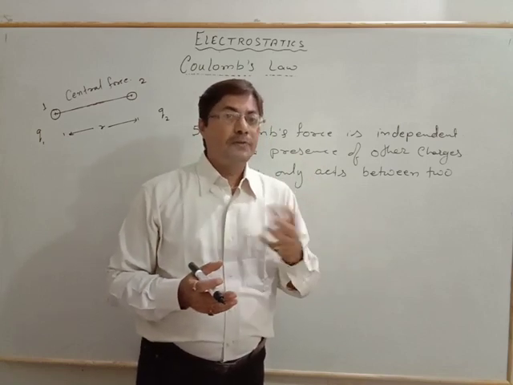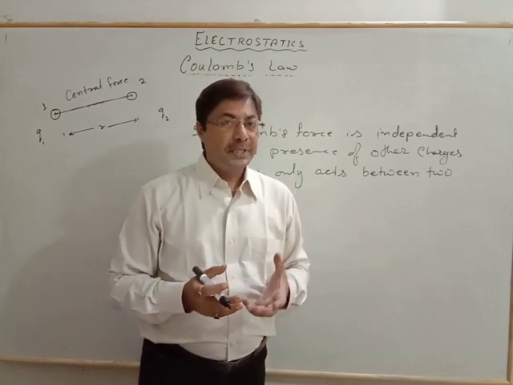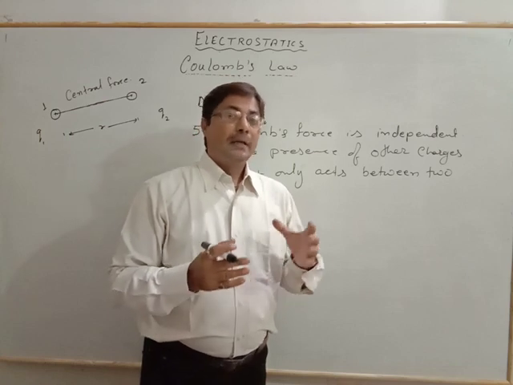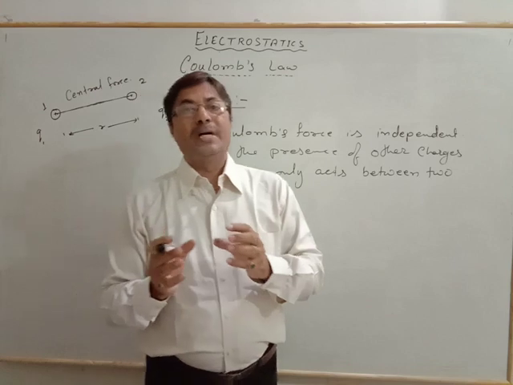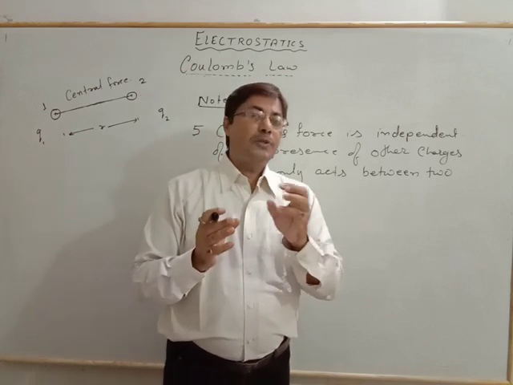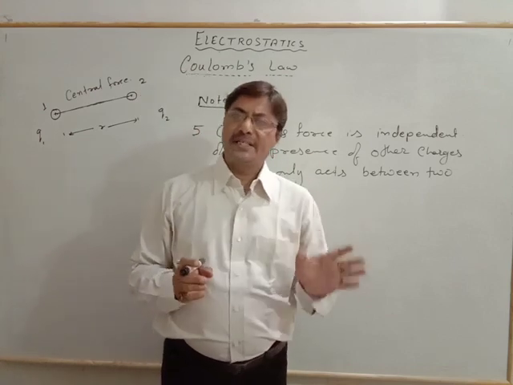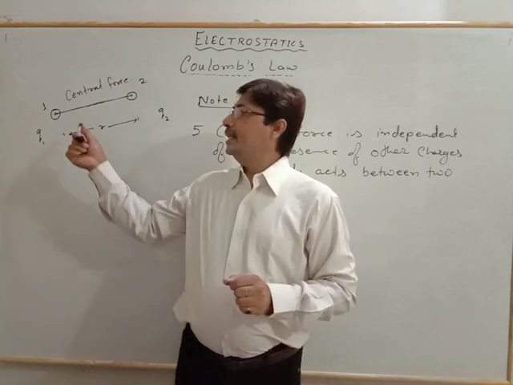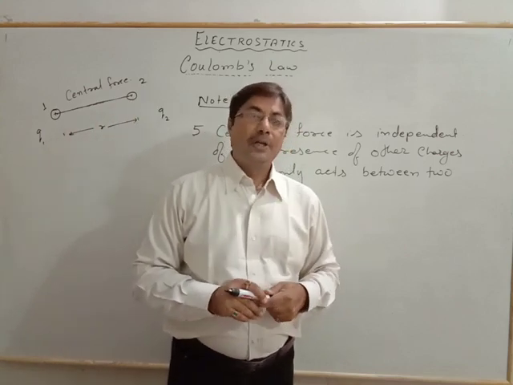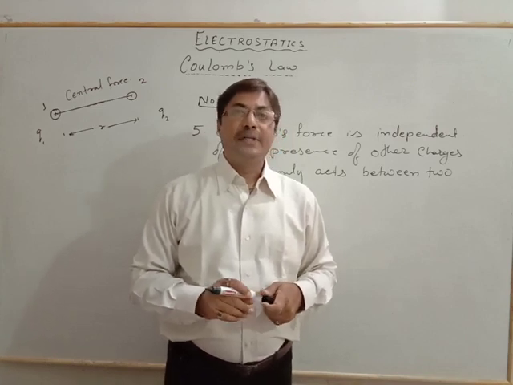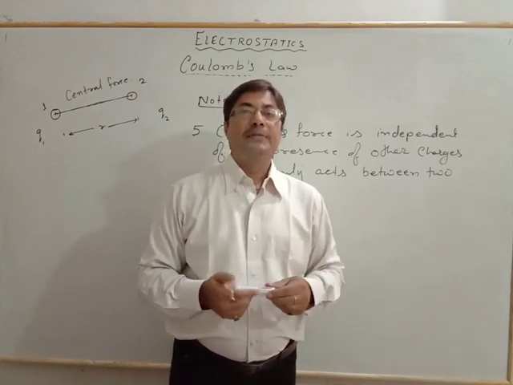The electrostatic force will change from medium to medium. One more thing, the force between two masses is always attractive. But here, the nature of the charge affects the nature of the force also. So that is all about this. Next day we will see the vector form of Coulomb's law.